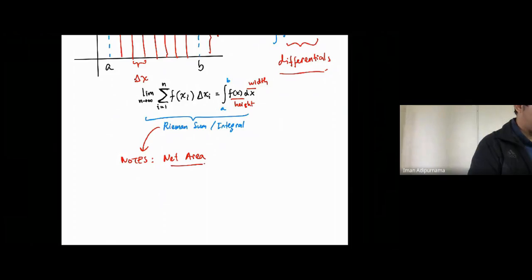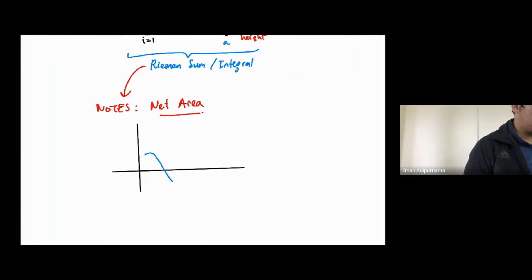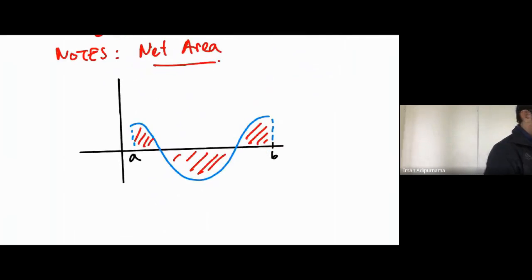Meaning, if you have a function like this, this is A, this is B. If you have this curve like this, the Riemann sum is the net area.